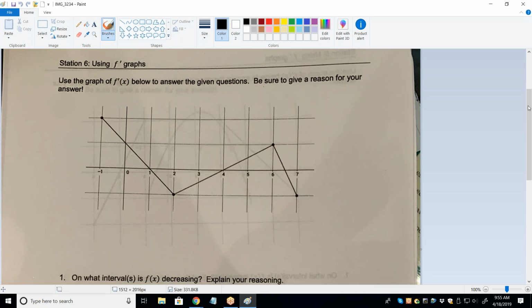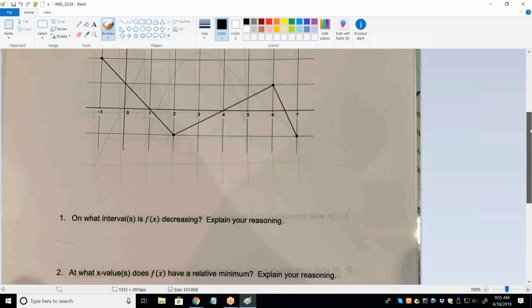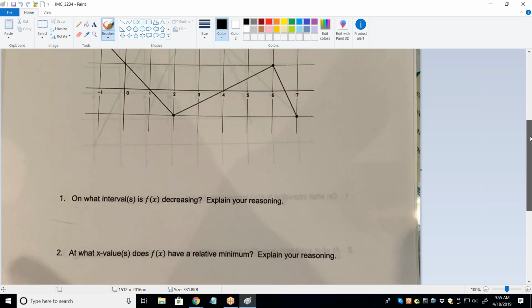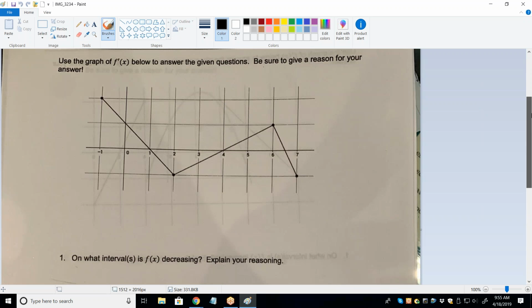I will definitely ask that question. Yes, you need to get it cleared up. Okay, at what x values does f of x have a relative minimum? So we're going from negative to positive, so that would be at x equals 4.